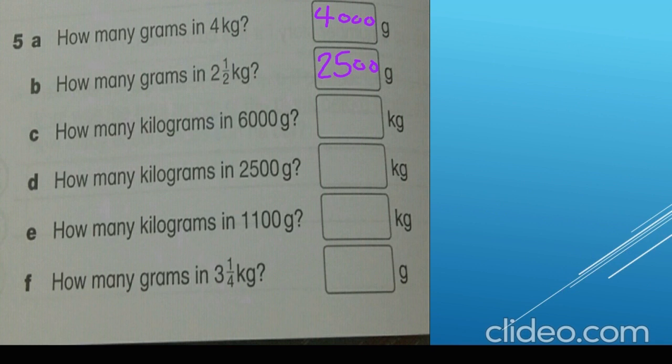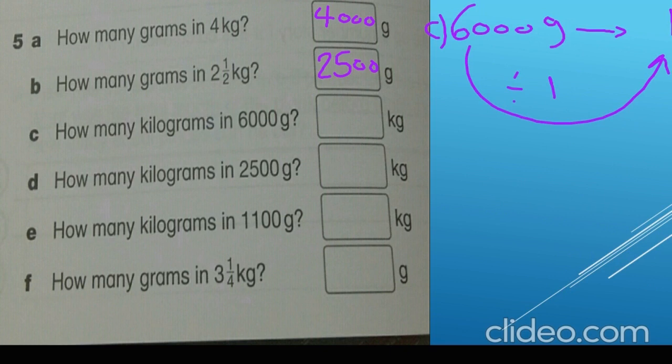You should now do it fast. Now you want to transfer 6,000 grams to kilogram. That means he will divide. Good. 6,000 divide 1,000, the answer will be 6 kilograms.